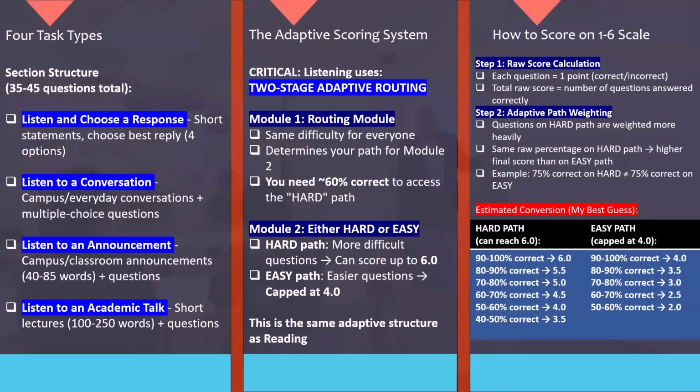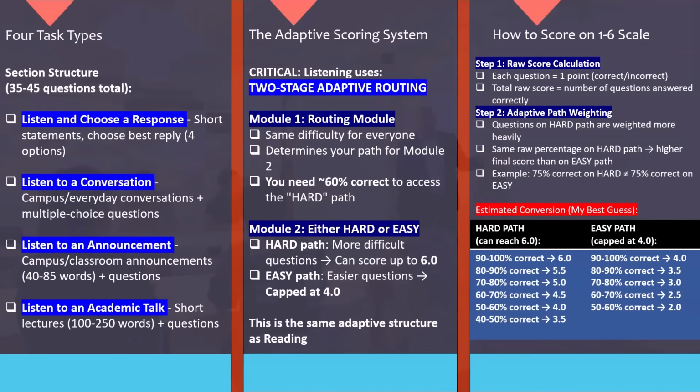Module one is the same for everybody. Okay, it determines your path for module two. If you do a really good job, you're going to go down the path of module two, which is the more difficult path. If you don't do a good job on module one, it puts you on an easier path.